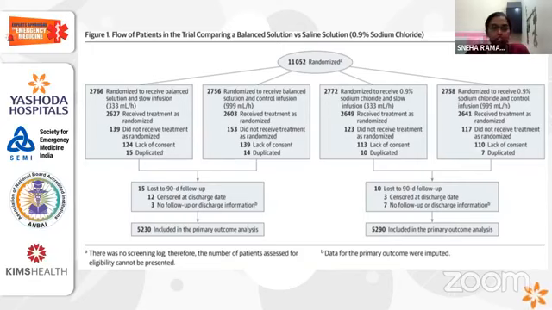Some people were lost to follow-up. In the end, 5,230 patients were included in the primary outcome analysis in the balanced control group, and 5,290 patients were included in the primary outcome analysis when they compared the fluid rate.